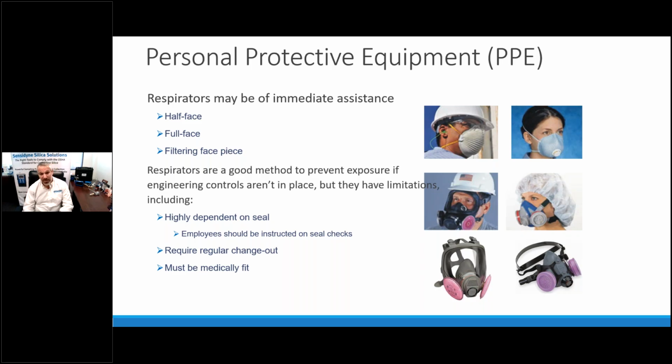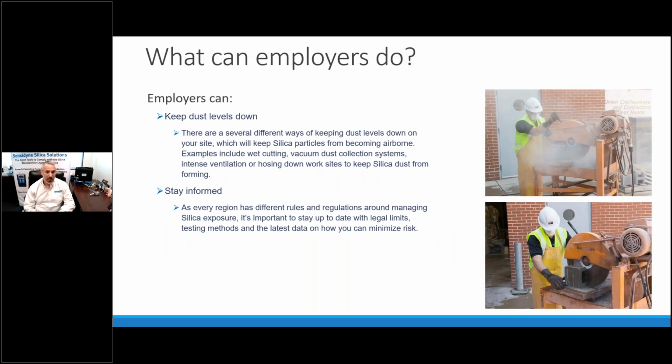If you do have a respiratory protection program, again, you need to make sure that it's appropriately documented, trained, that filters are regularly changed out, as well as making sure that the employees are medically fit and approved for use of those specified respirators. Again, there's lots of things that employers can do to keep those dust levels down.